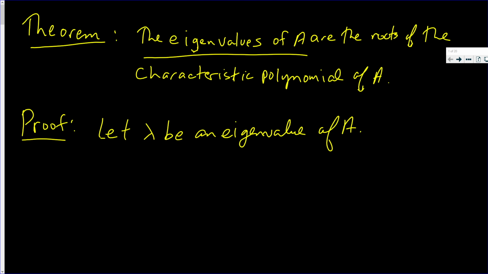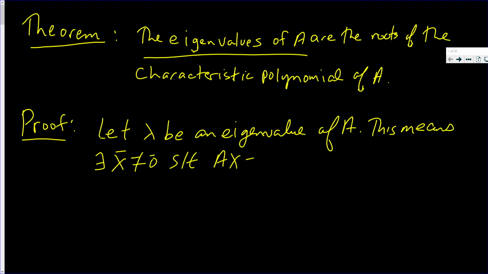Now, what does it mean that lambda is an eigenvalue of A? This means that there exists a vector x not equal to the 0 vector such that A times x is equal to lambda times x. But that's the same as lambda times Ix, because identity times x is just x.